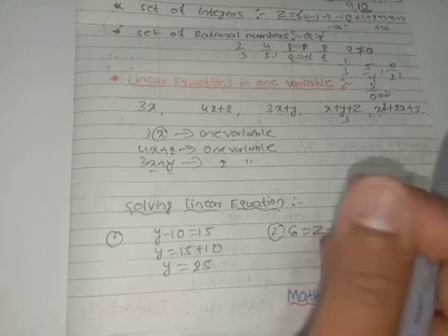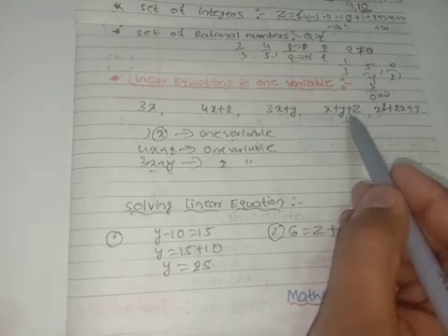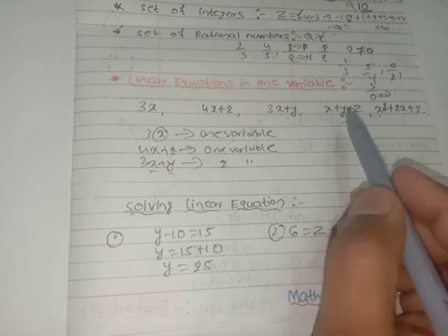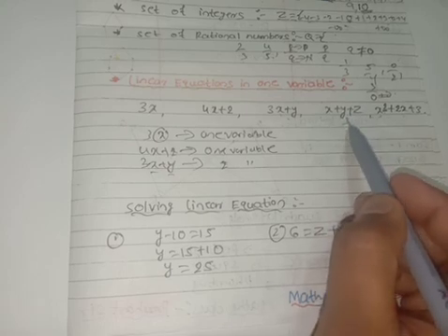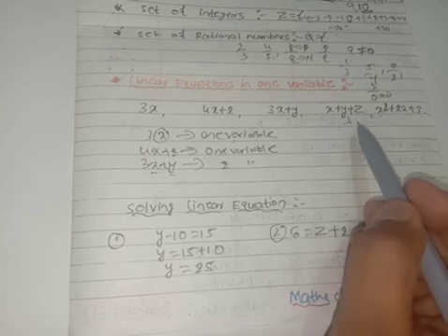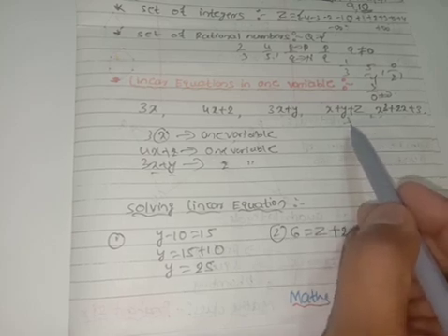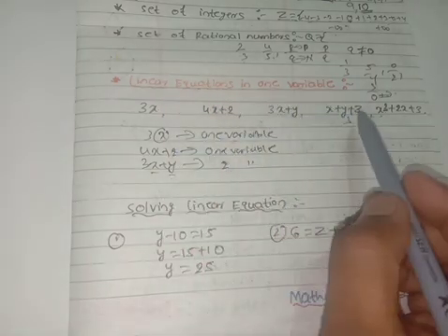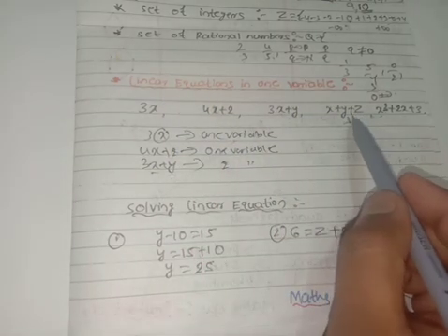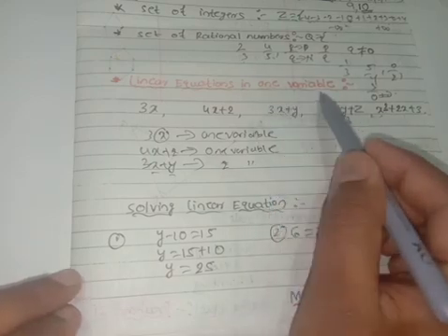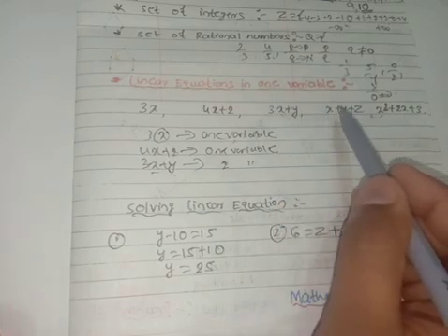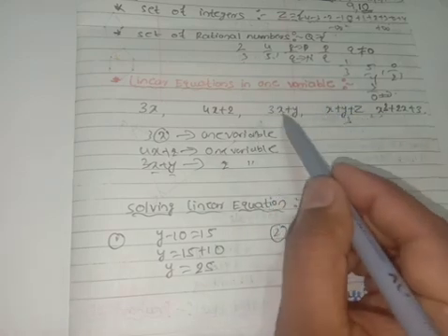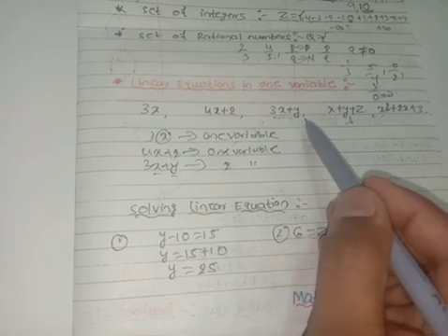But in this example, x plus y plus z, there are 3 variables. Hence, it is not a linear equation in one variable. It is a linear equation, but not a linear equation in one variable. Consider this example, 3x plus y.